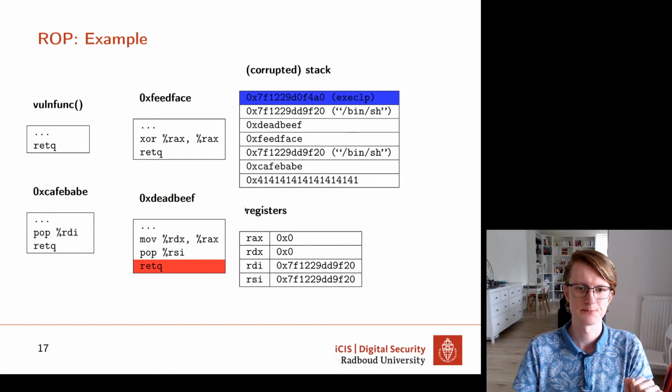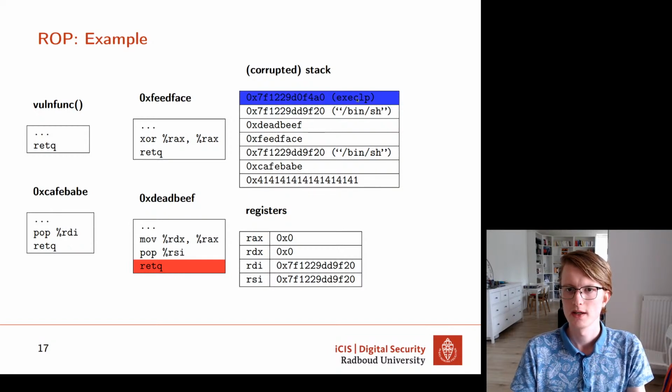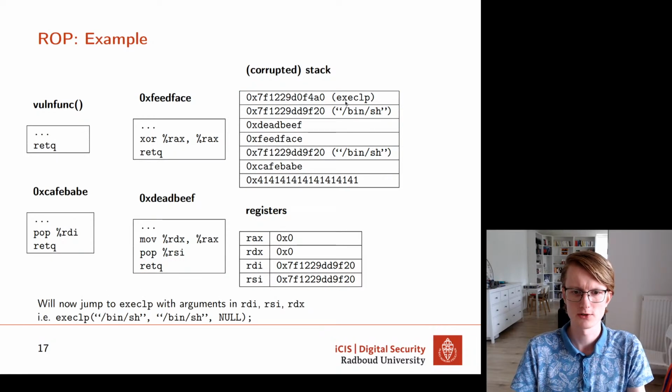Many ways to do this. We return again, and the return address that we're now on is the location of execlp, which is a type of function that you can use to start to execute another process. So we will now start -h using these arguments.